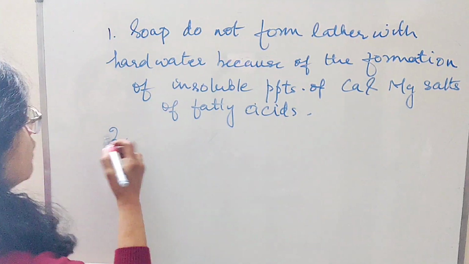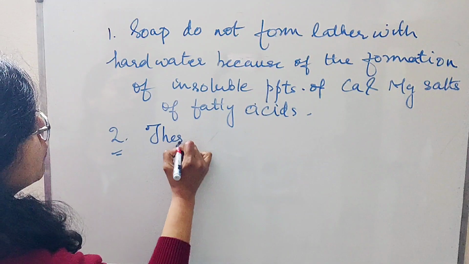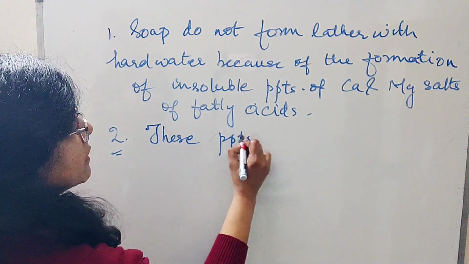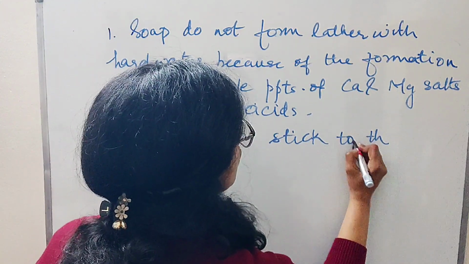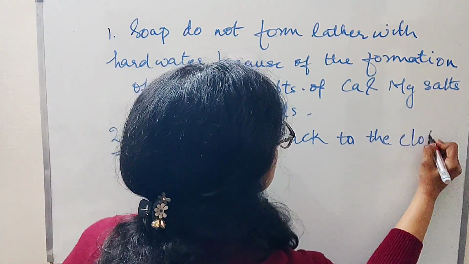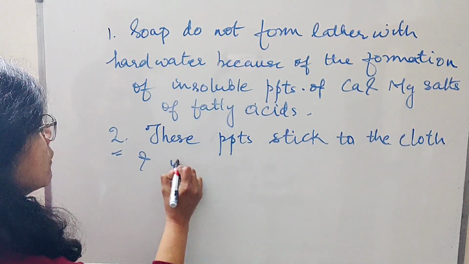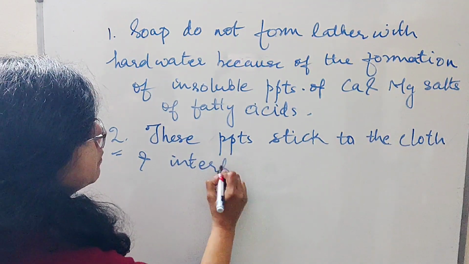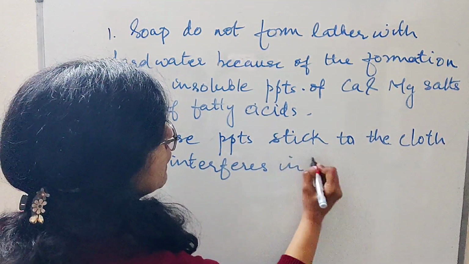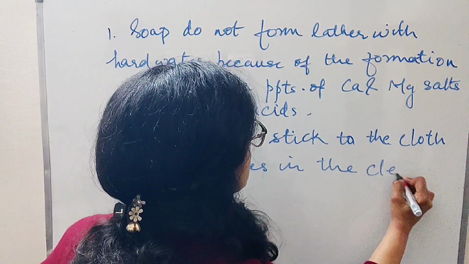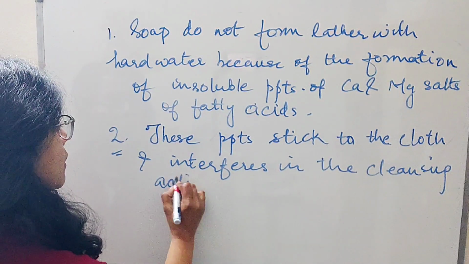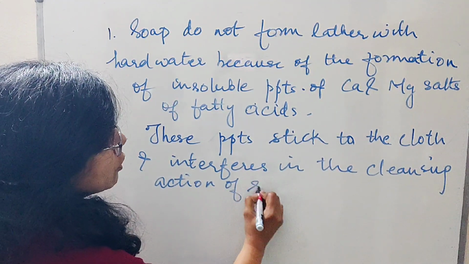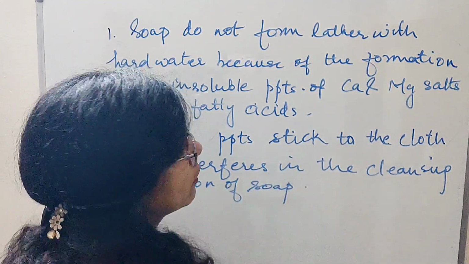So you will write that these precipitates stick to the cloth and interfere in the cleansing action of soap. So these 2 points you will give if this question comes in your exam.